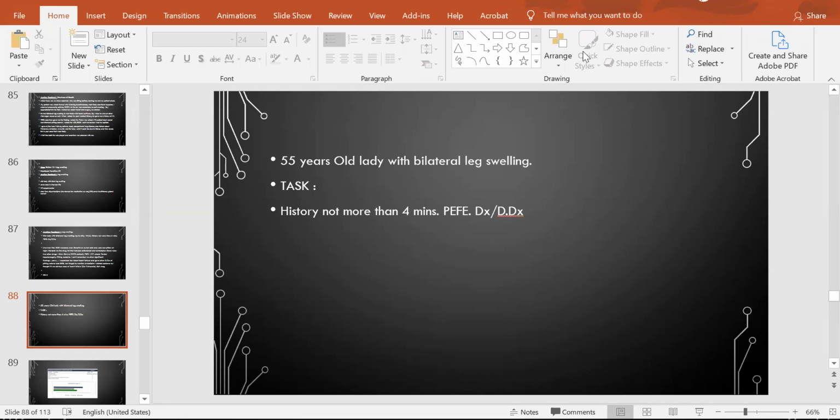Okay. I would like to know whether any anemia or jaundice is present or not. No anemia. I would like to know my patient's BMI. BMI is 34.